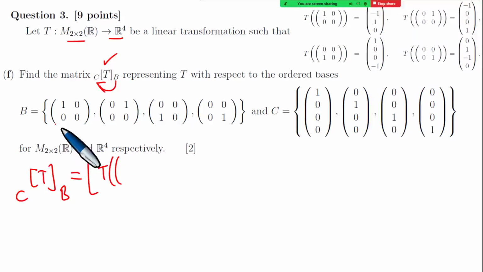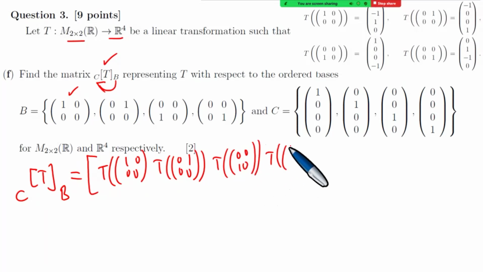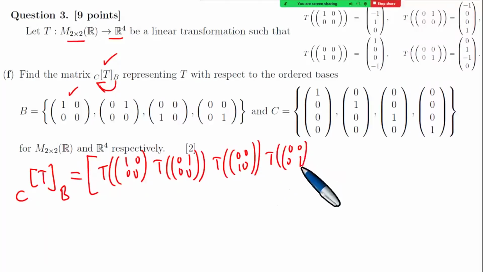Now we're going to do this one first. 1 0 0 0. Next 0 1 0 0. Next 0 0 1 0. Next 0 0 0 1. What you do is you put the images there.